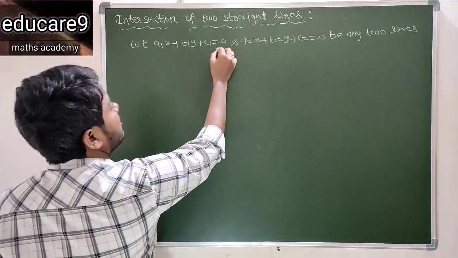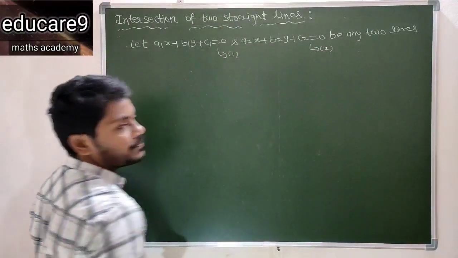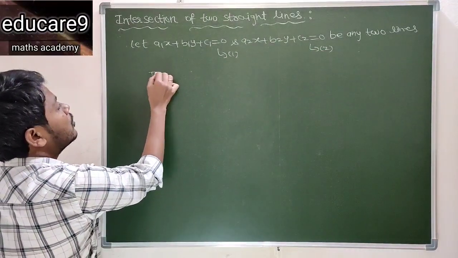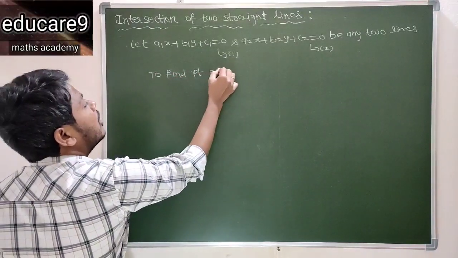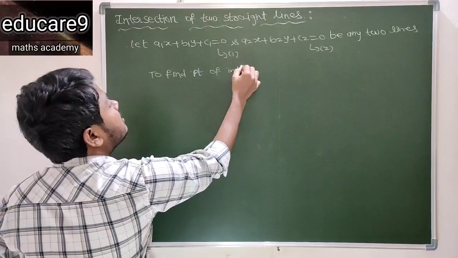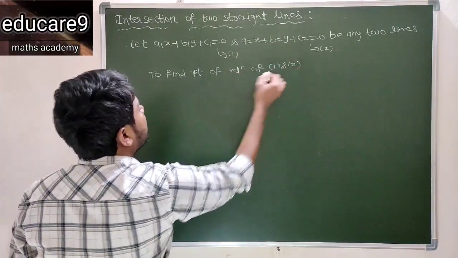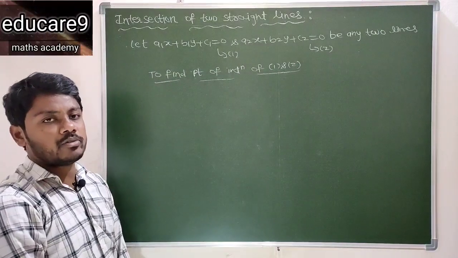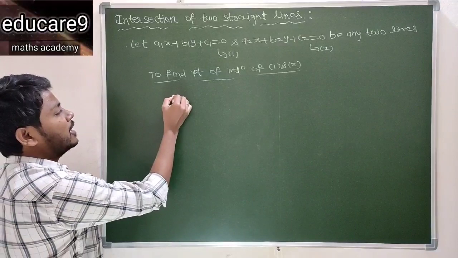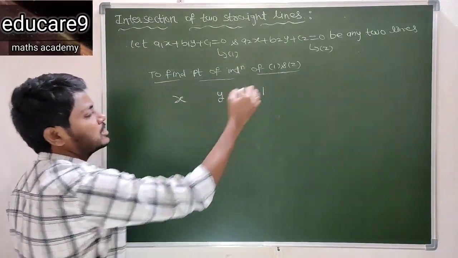Here this is equation 1 and this is equation 2. To find the point of intersection of 1 and 2, we have to solve both equations. For that, we write x, y, constant.